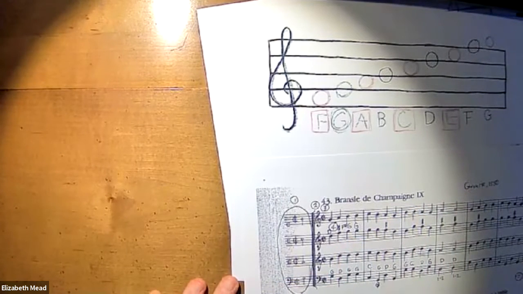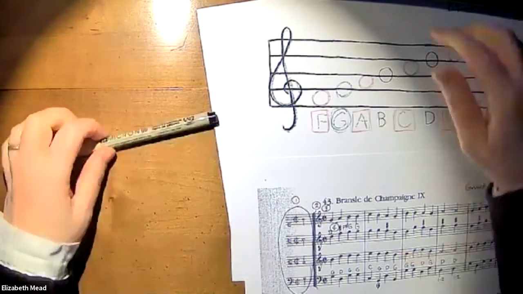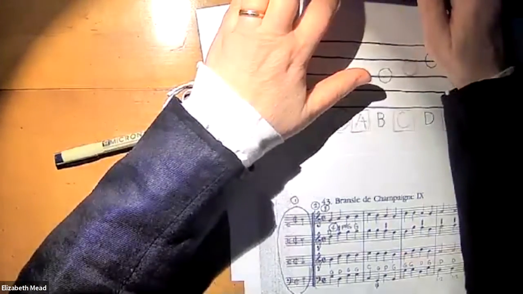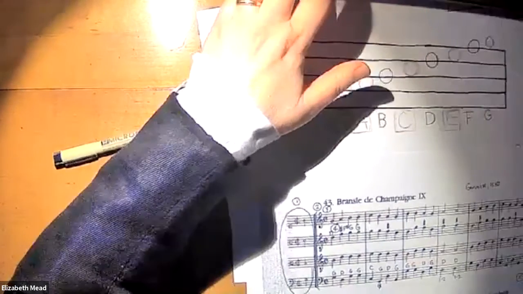Okay. Because there's some other things that I want to cover, we're just going to take that little bit over to the piano and see how that's going to work.